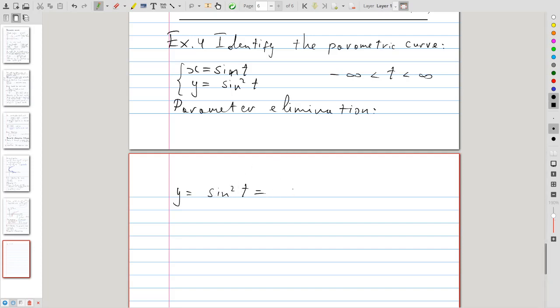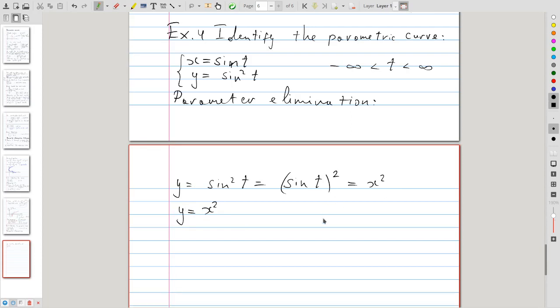Which is, of course, sine of t squared, like so, right? But since we know that sine of t is x, this is simply x squared. So the shape of our curve is simply that of the very easy parabola y equals x squared.